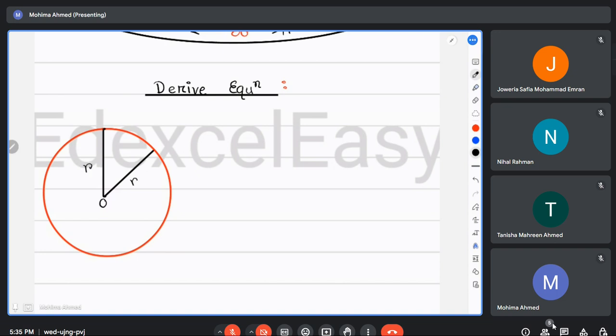One radius. This is also another radius. And over here, it's creating an angle of theta degrees.